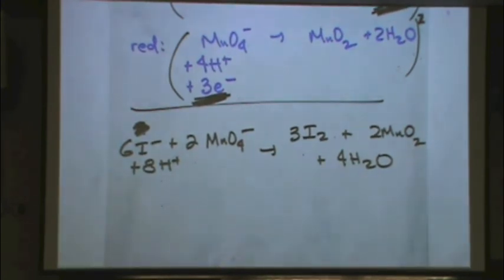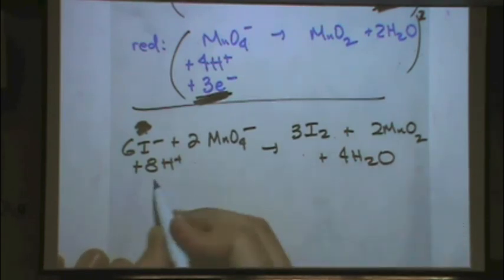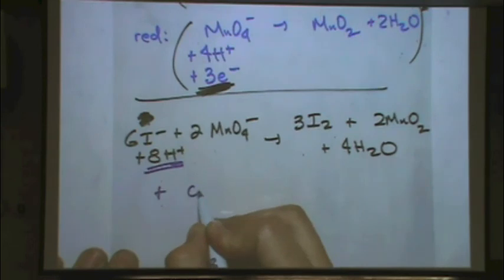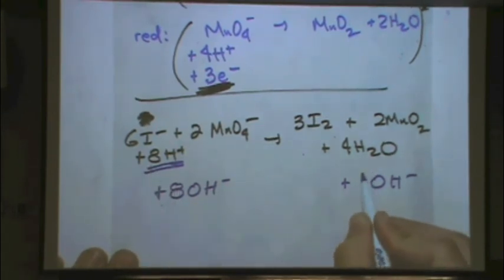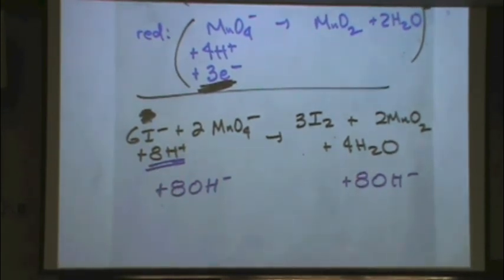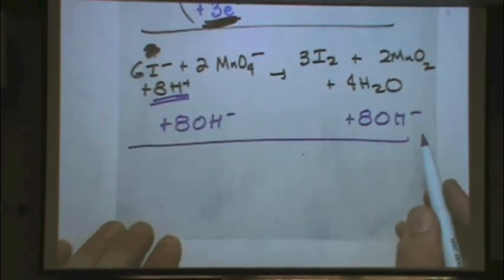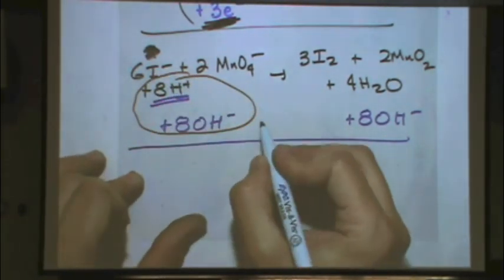No, because they asked for basic conditions, and I have H+, that means it's acidic. So I need to go on. And now continue to follow the flow chart, but now for basic, I look for H+, it's right there. And I add hydroxides to both sides, to retain mathematical integrity. And there's 8 of these, so I'm going to add 8 hydroxides, because there's 8 H+. What does that do? Well, these form how many waters?